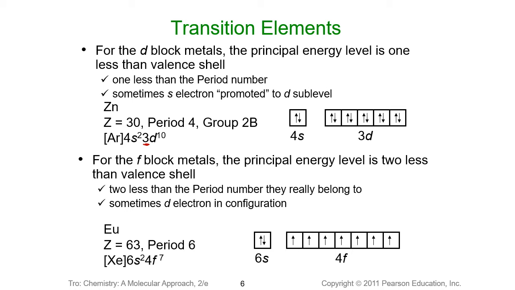And again, when we're writing our orbital diagrams, our d orbital has 5 orbitals that we're putting electrons into. The f orbital has 7. So the d orbital is 1 less, f orbital is 2 less than the row it sits in.